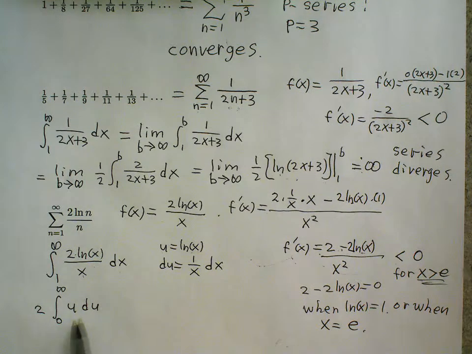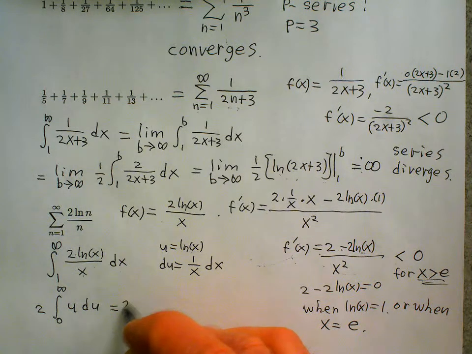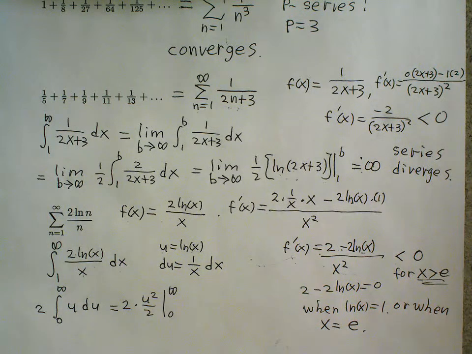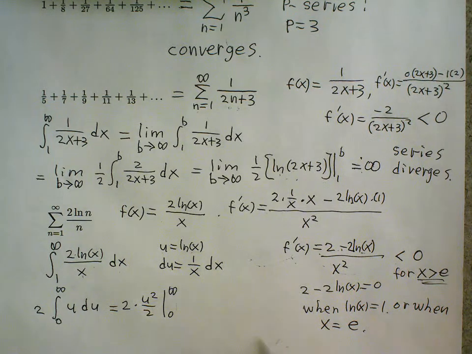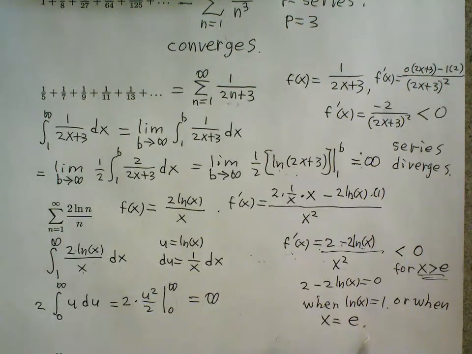So we can see that it will have an infinite value. So as u goes to infinity, this is unbounded, so this equals infinity. That means the series diverges.